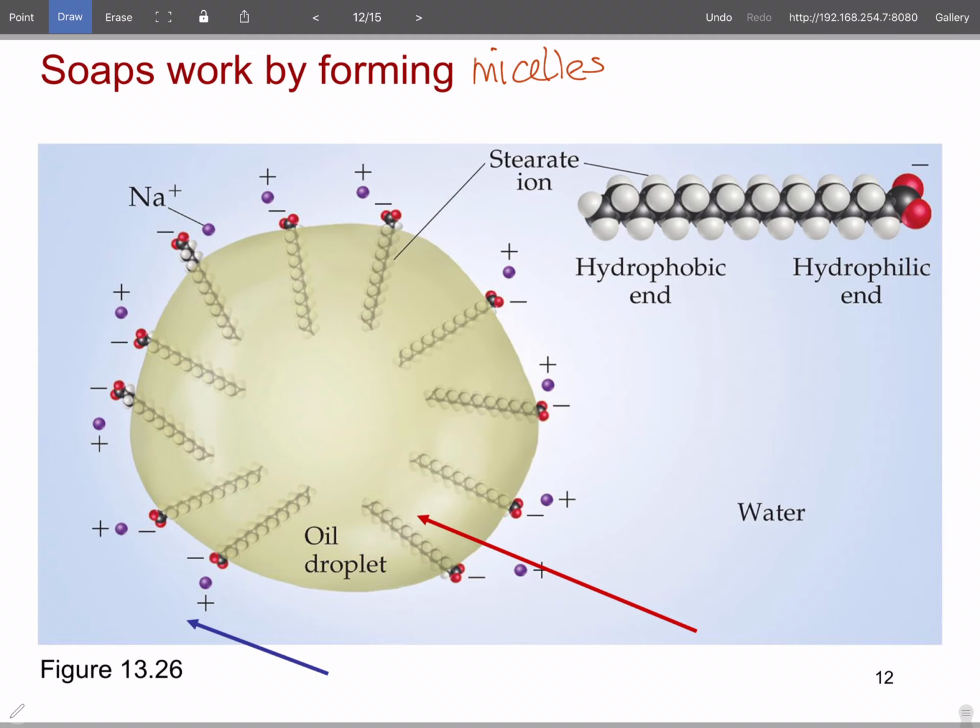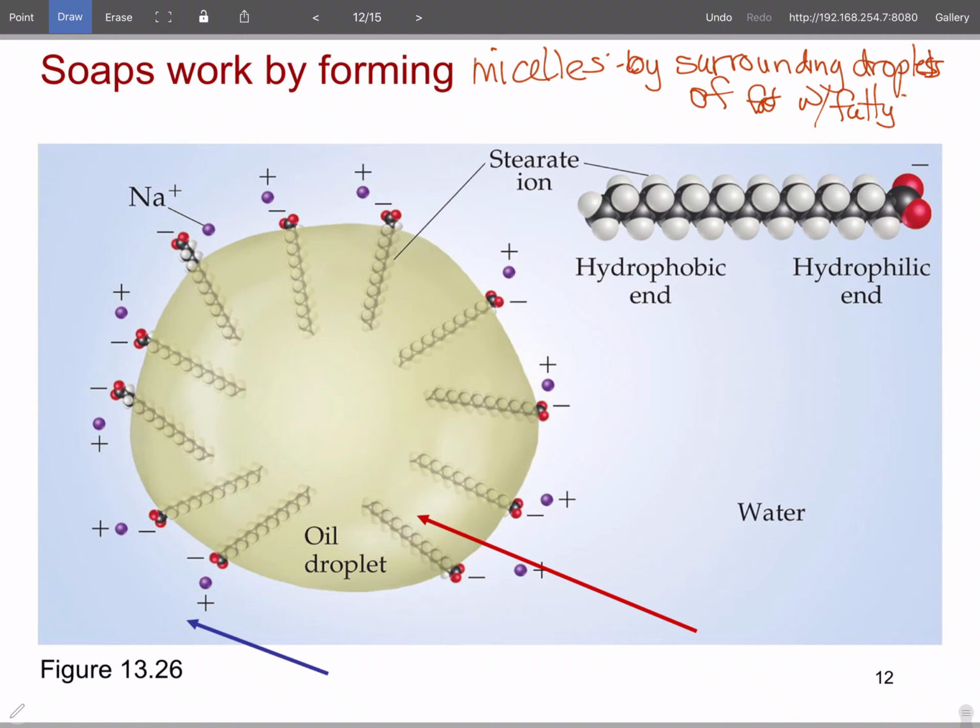These micelles form by surrounding little droplets of fat. Surrounding them isn't exactly the right word, but they form these little oil droplets, formed by fat with the fatty acids.